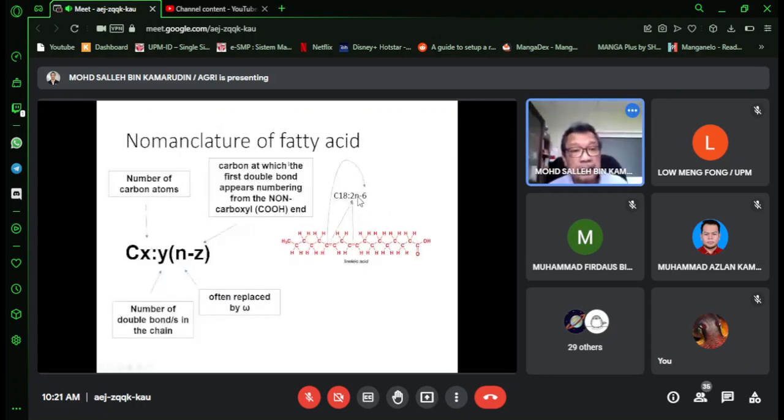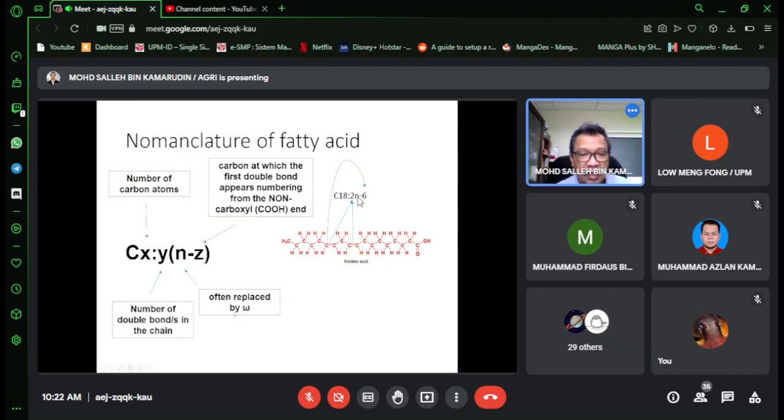Right, then let's look at the nomenclature of fatty acids. Usually it starts with C and then the number of carbons. It could be shorter, as I said earlier 4, so this is C4. Y is the number of double bonds, here is the double bond.